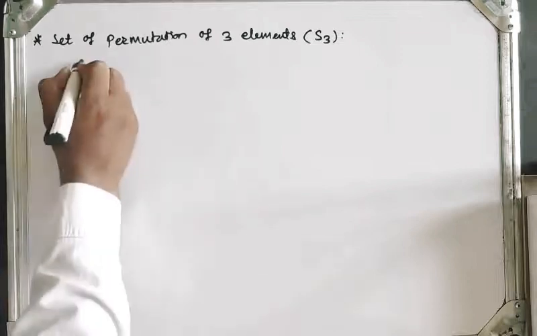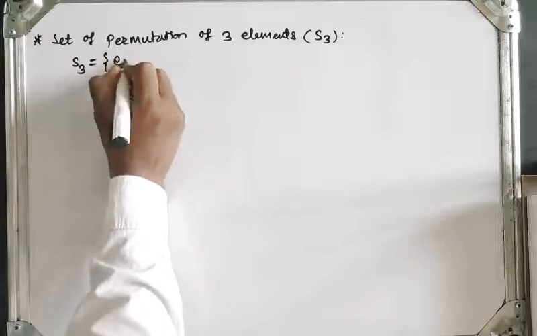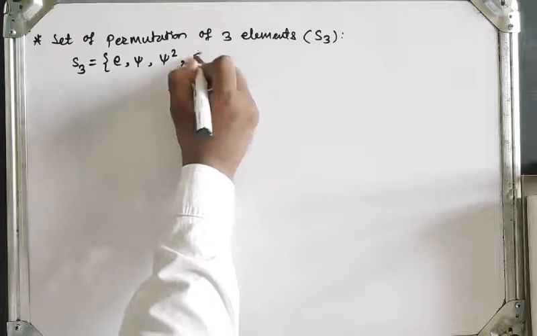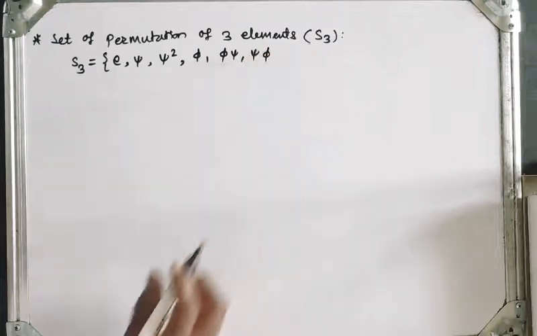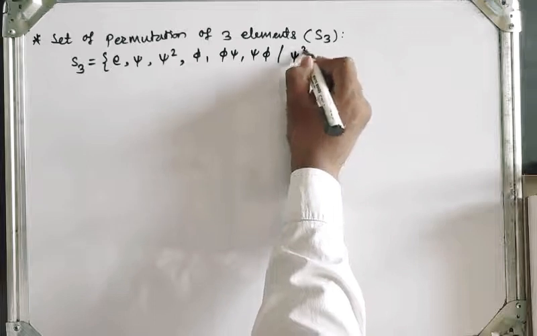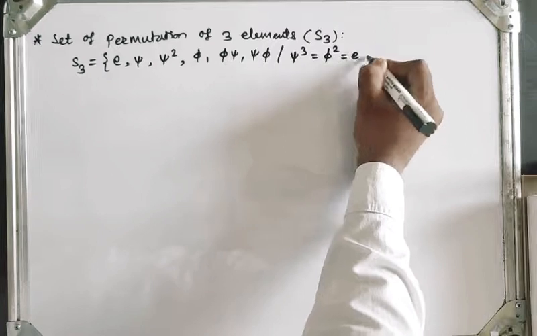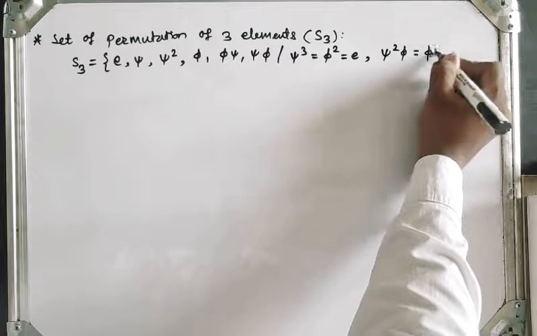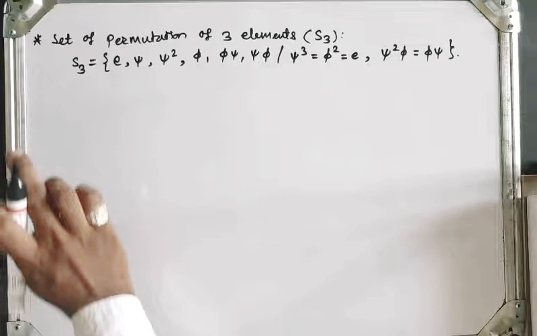The set S3 has a total of 6 elements, which are identity, psi, psi square, phi, phi psi, psi phi, such that psi cube is equal to phi square is equal to identity, and psi square phi is the same as phi psi. So we will see the structures of the elements in S3.